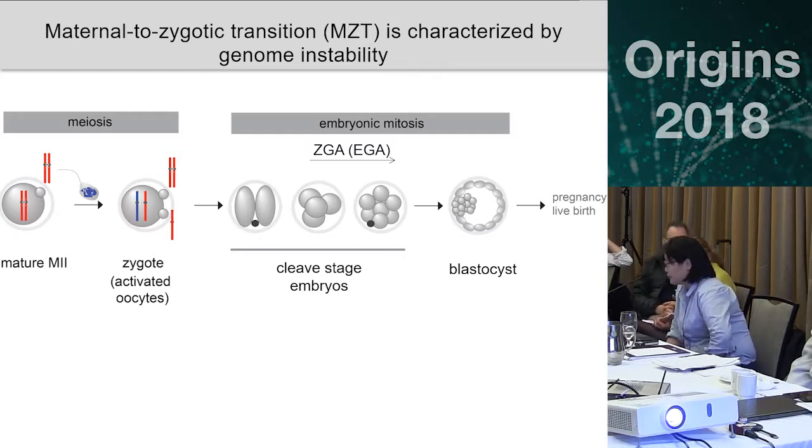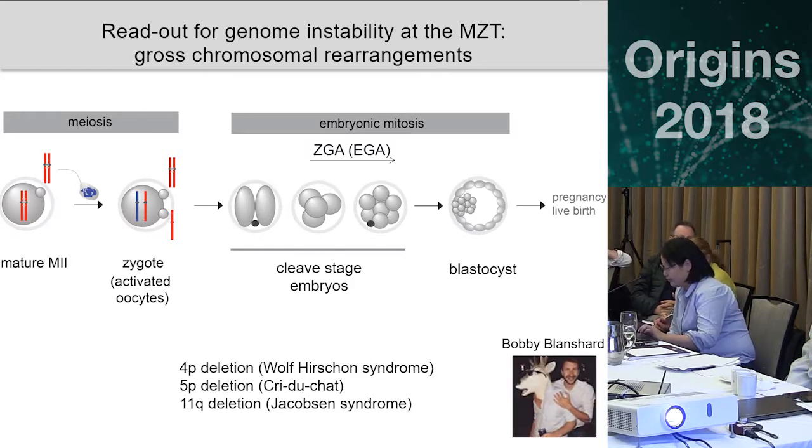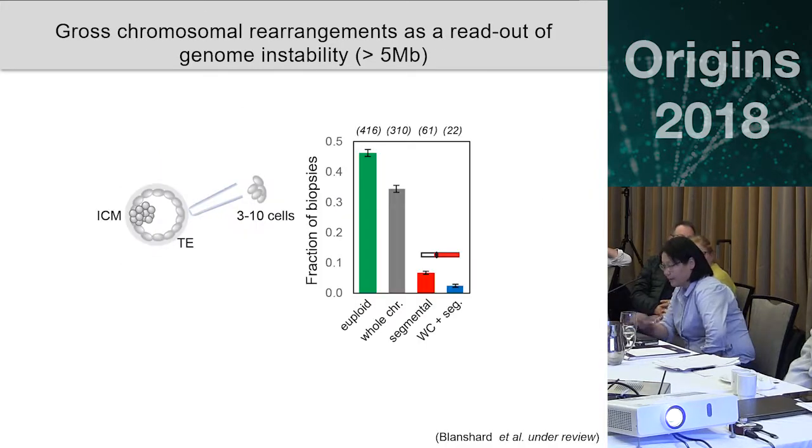These are large rearrangements, greater than 5 megabases, which we've validated on cell lines that we can pick up. They include some of the syndromes where a whole chromosome arm is affected. These data are from about 800 or so trophectoderm biopsies, just the uniform ones.